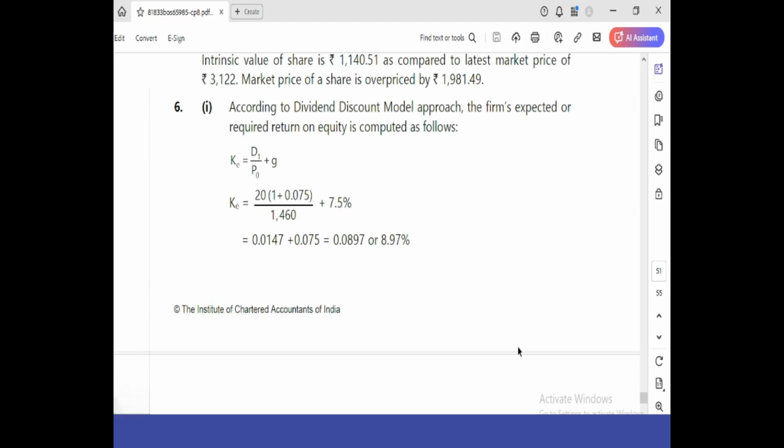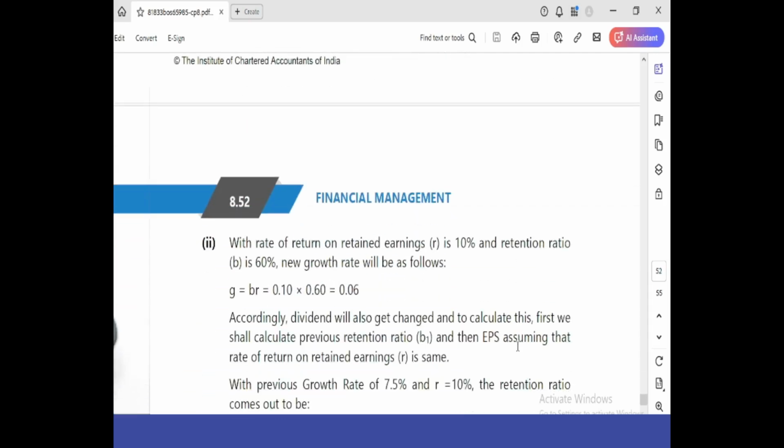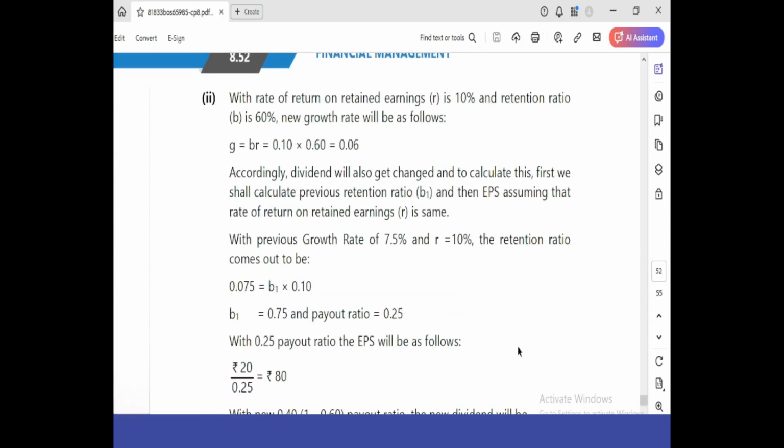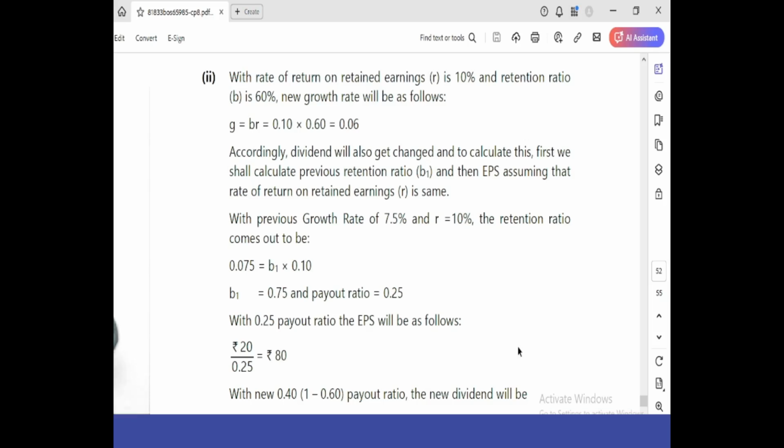Now, what is the return on investment? It is 10%. And the company is going to retain how much? 60%. Will there be a change in growth rate? The answer is yes. Now again, you all know this formula: the retention ratio into the return on investment is the growth rate.